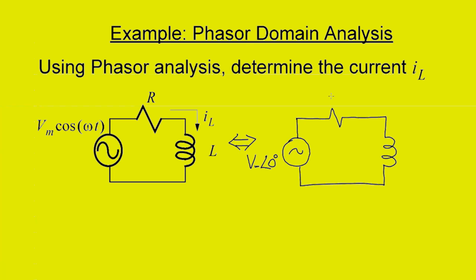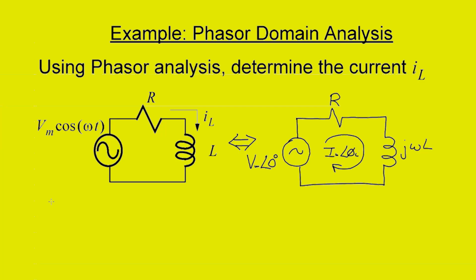Resistors in the phasor domain are simply equal to resistors in the time domain, while inductors become j omega L. Now we'd like to find the phasor current, which will have a magnitude and an angle.